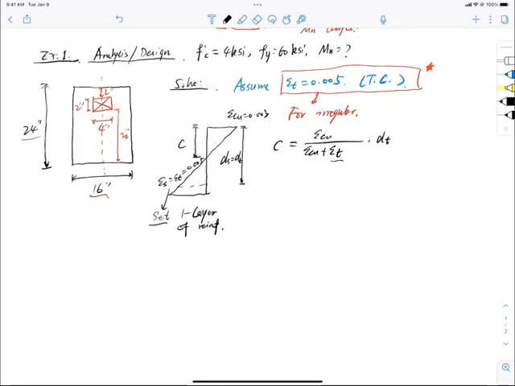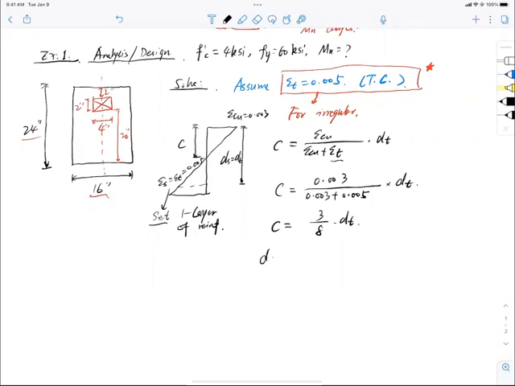With this, I can start manipulating things. Now I can see that c should equal 0.003 divided by 0.003 plus 0.005, multiplied by dt. If you look at it, this is basically 3/8 of dt. So what is dt?